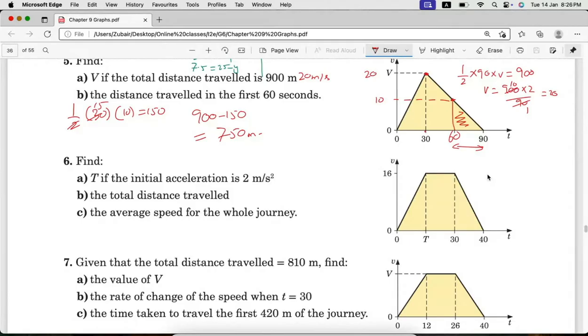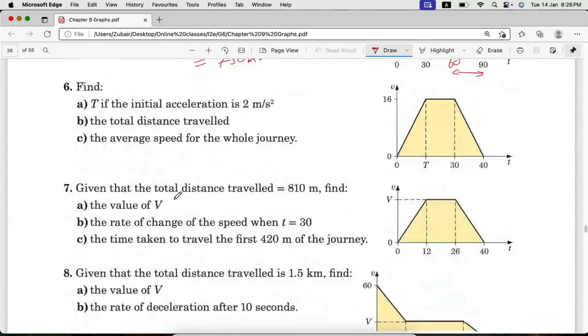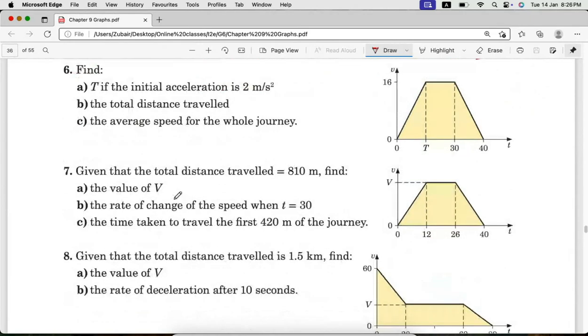Sixth question says find t if the initial acceleration is 2. Now this is a speed time graph again, and acceleration is given by the gradient. So gradient of this section is change in y over change in x, which is 16 over t is equal to the given gradient.